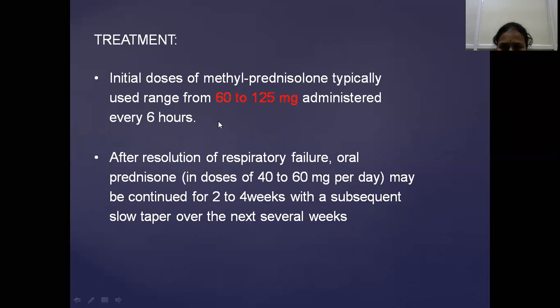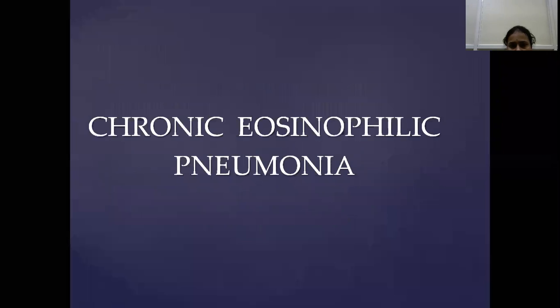And after resolution of respiratory failure, oral prednisolone in a dose of 40 to 60 milligrams per day may be continued for 2 to 4 weeks with a subsequent slow taper over the next several weeks. So, the choice of treatment is steroids, methylprednisolone, in tapered doses.